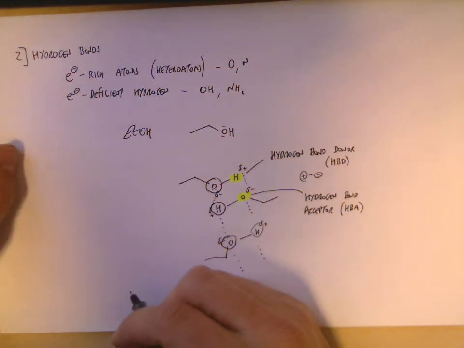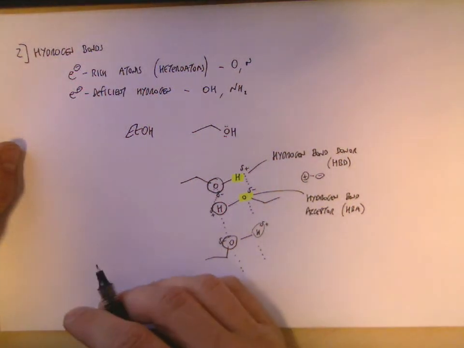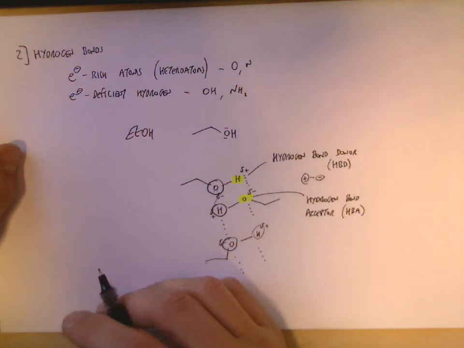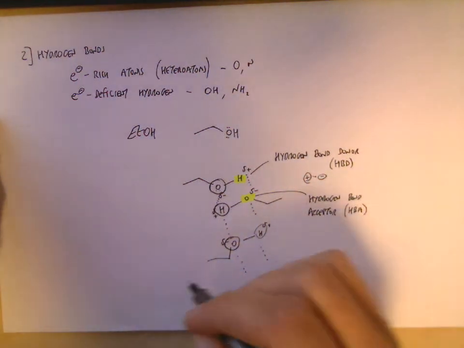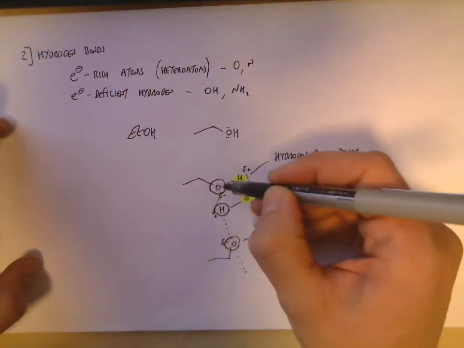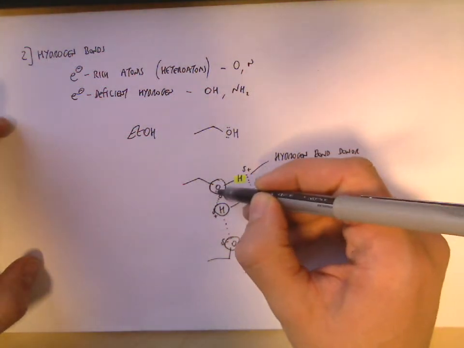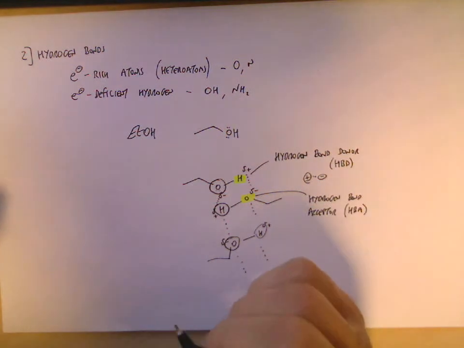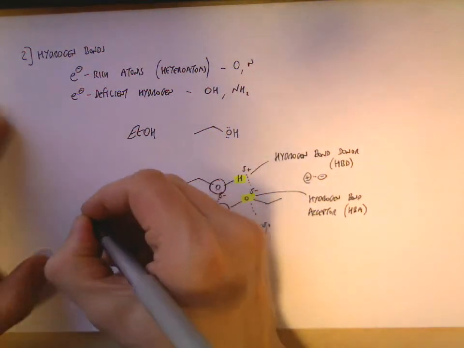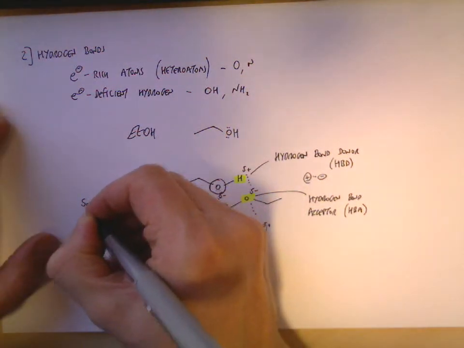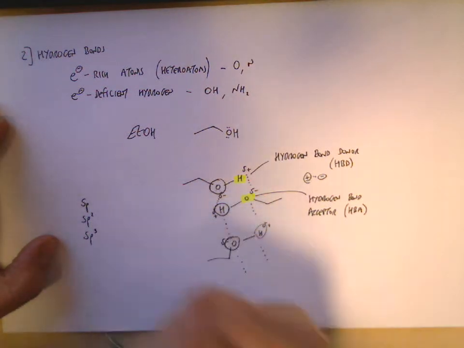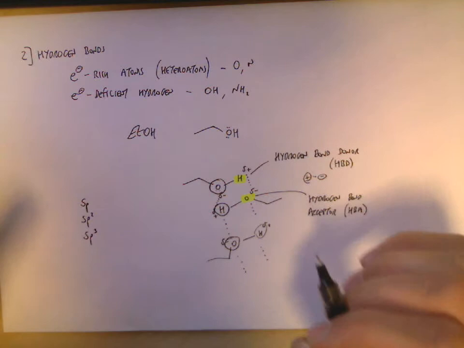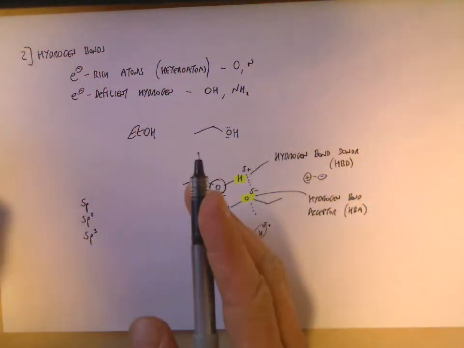Unlike before, where the electrostatic interaction was non-directional, hydrogen bonds are directional, because when you're looking at atoms with lone pairs, that lone pair resides in a specific orbital, and that orbital may be sp, sp2 or sp3 hybridized, so it will be pointing in a very specific orientation.